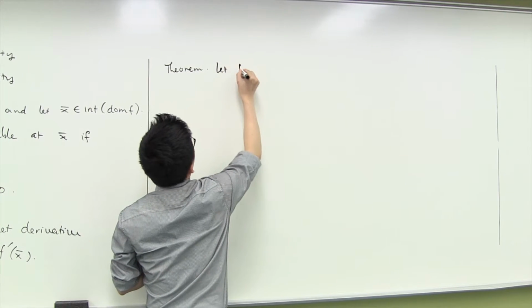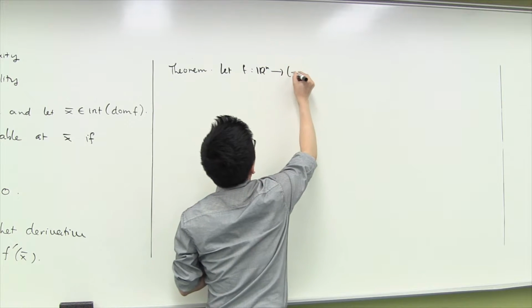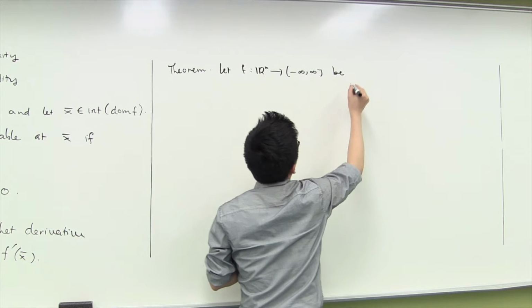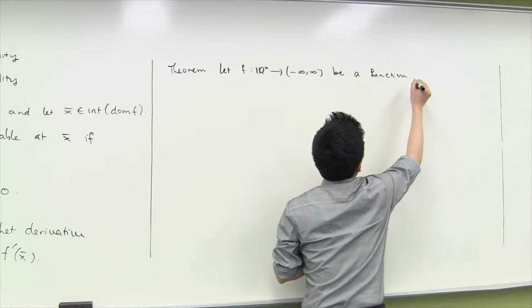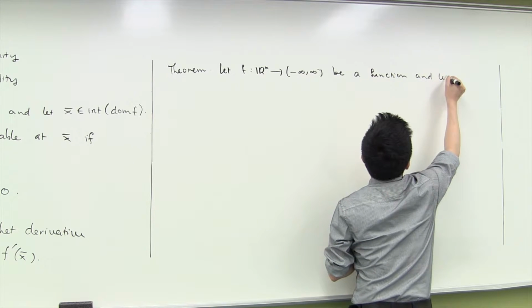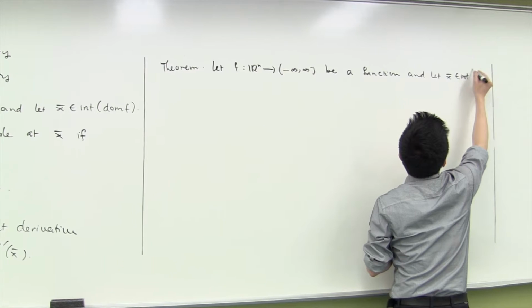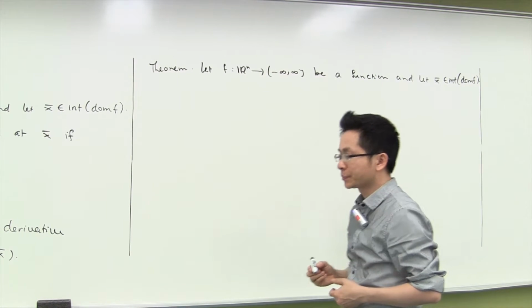Let f from Rn to the extended real line be a function, and let x bar be a point in the interior of the domain of the function. Okay.